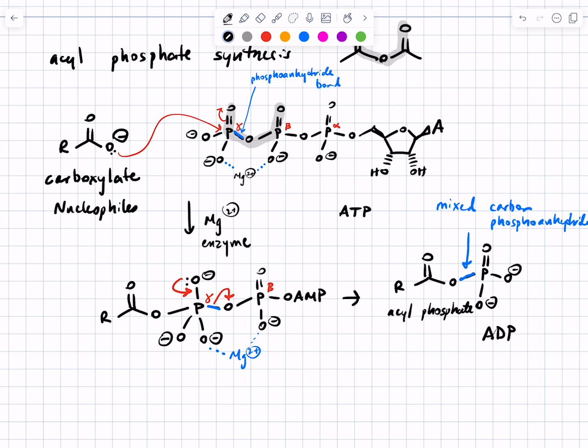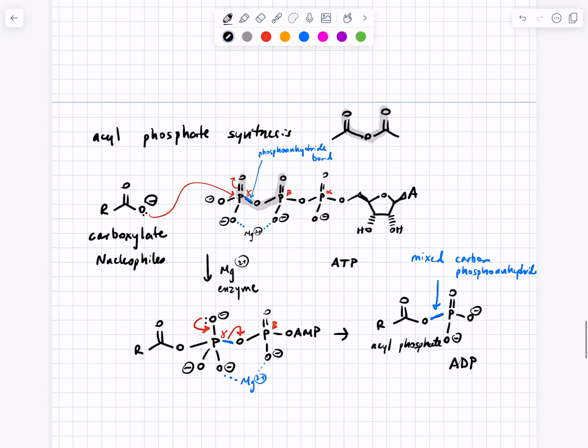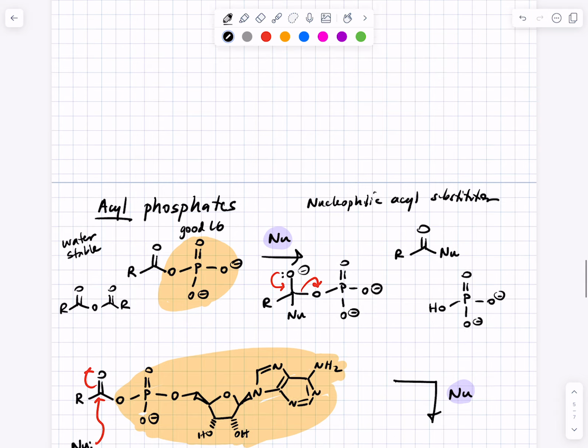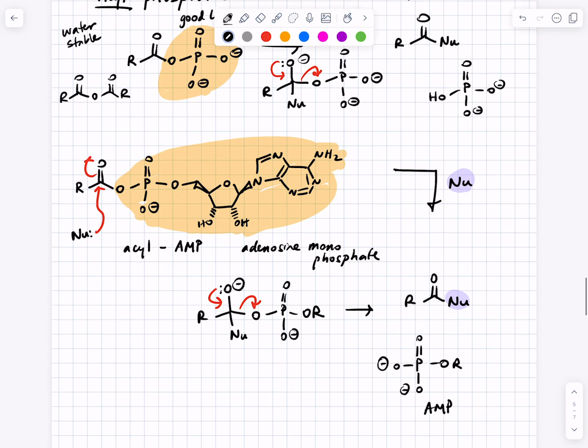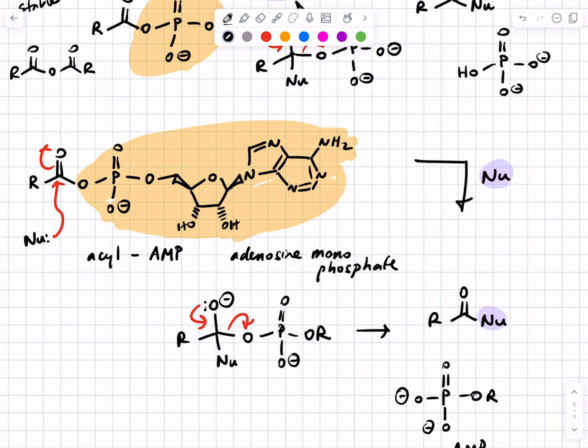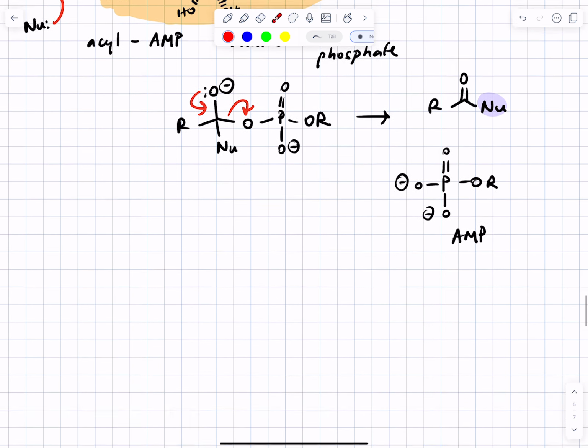In the textbook, I think you mentioned the carboxylate attacking at the alpha. Right, right. So the question was, in the text, you saw the carboxylate attacking at the alpha phosphate rather than the gamma. You remember the acyl AMP that I told you about? That's what you get when you attack.